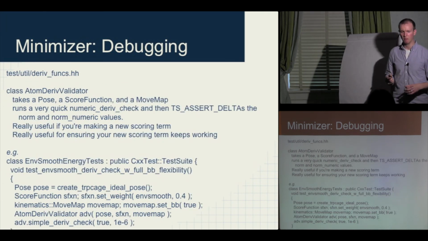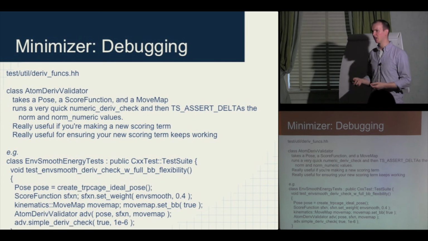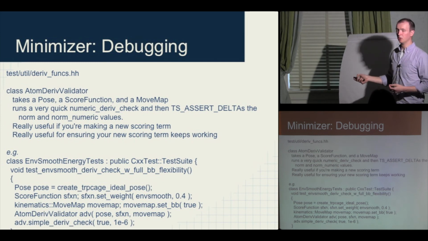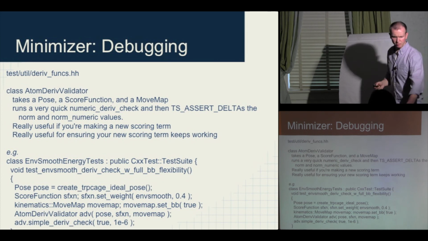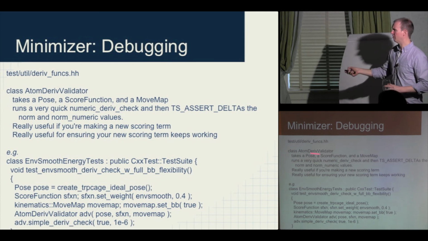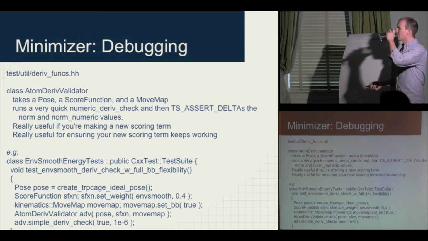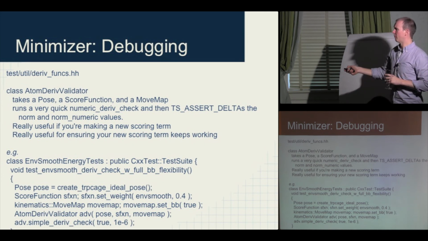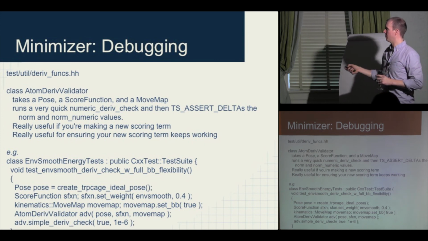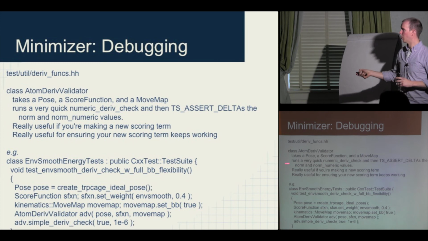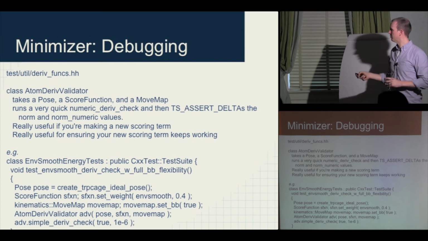If you want to write an energy function and you get the derivatives working, then you can add unit tests for your derivatives. There's a class, atom deriv validator, within the unit test suite that I wrote. It takes a pose, a score function, and a move map, runs a quick numeric deriv check and asserts that the norm and norm numeric values are very close to each other.